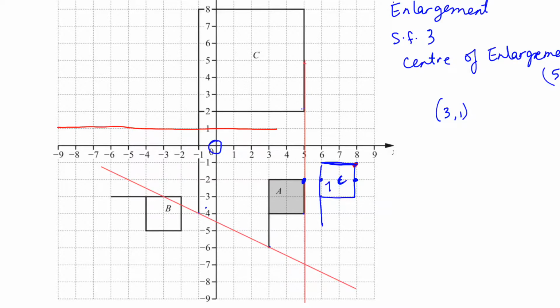Now when we reflect, count the number of squares between the mirror line and the point: 1, 2, 3, and 4. So I'll go here 1, 2, 3, and 4. And 2 up. So this is your 7D answer.